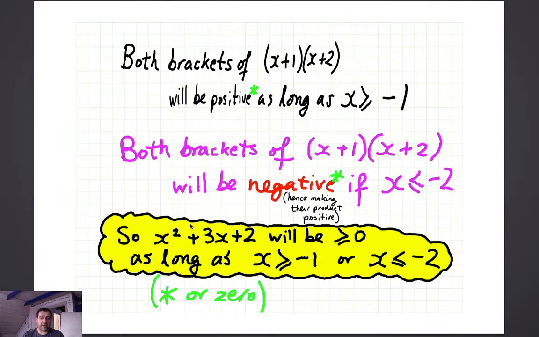So the whole thing will be greater than or equal to 0 as long as x is greater than or equal to minus 1 or less than or equal to minus 2. It's whatever values make both brackets positive, or whatever values make both brackets negative.